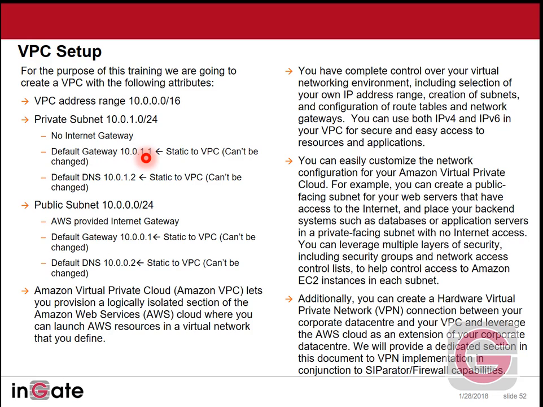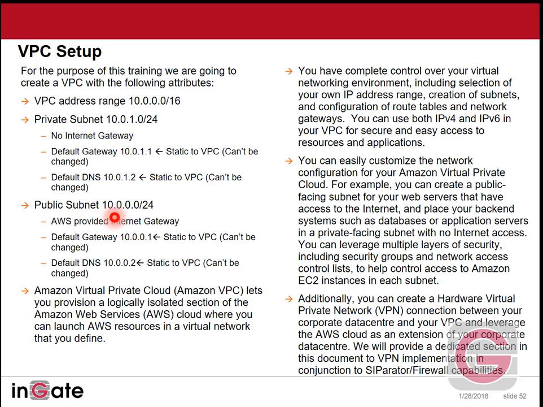The default gateway, those IP addresses that are on the slide, like 10.0.1.1 and 10.0.1.2, are part of the five reserved IP addresses by AWS. You cannot use those IP addresses that are automatically assigned.